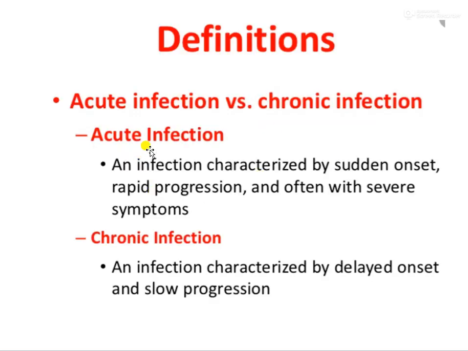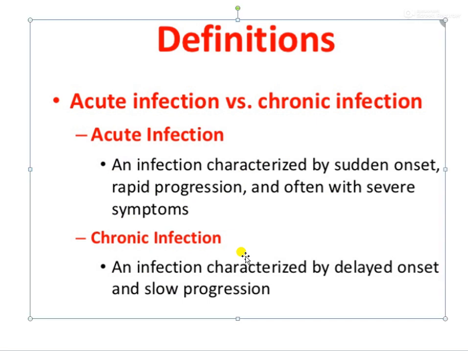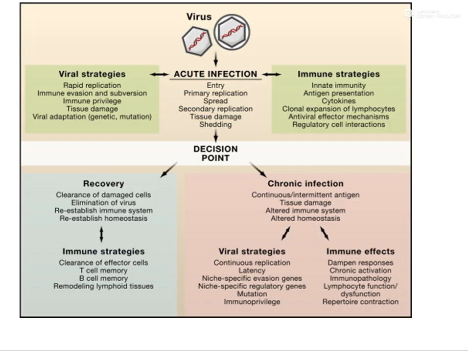So, acute infection and chronic infection. Acute infection has a sudden onset and severe symptoms, and in chronic infection you get a delayed or slow progression. Now, for example, when a virus enters and suddenly causes severe symptoms, it might become an acute infection.